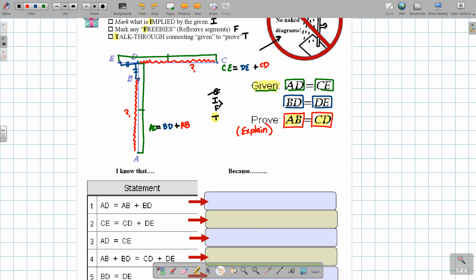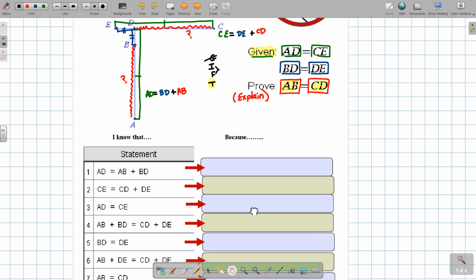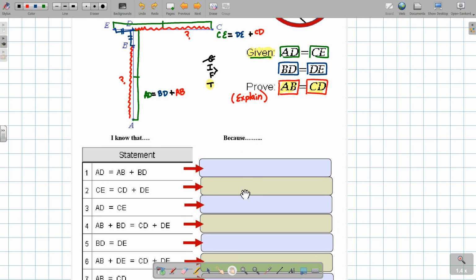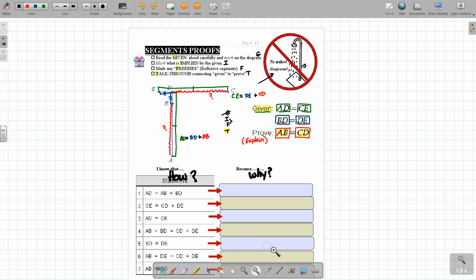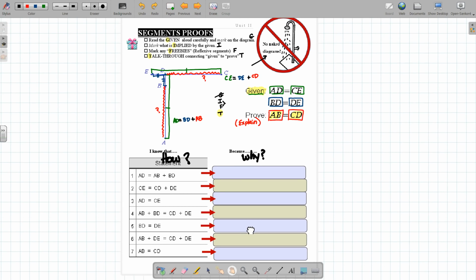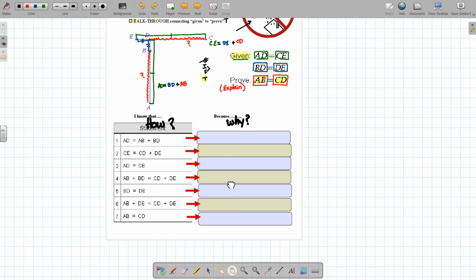But we're going to document it here in something called a proof. It's just like you did the algebra. Before, we had algebra on the left and the whys on the right. So the how is on the left and the why is on the right. It reads like this. I know that because. Ready?